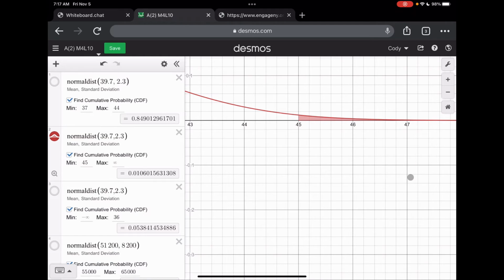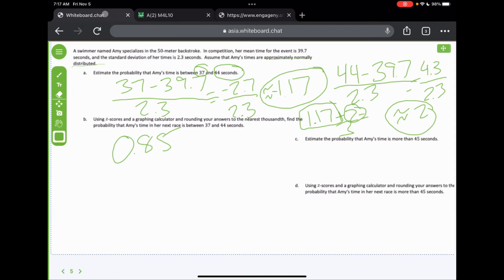Well, there's only a 0.01 chance. Okay? So, we can go back here and say that it's only going to be a 0.01% probability.